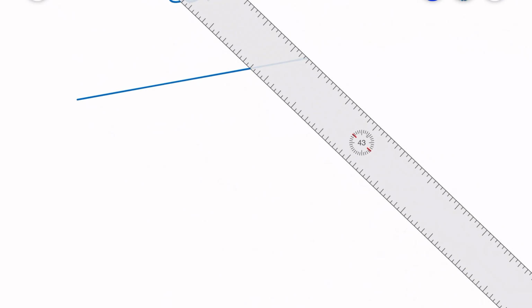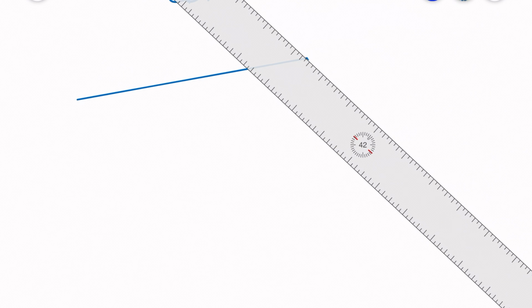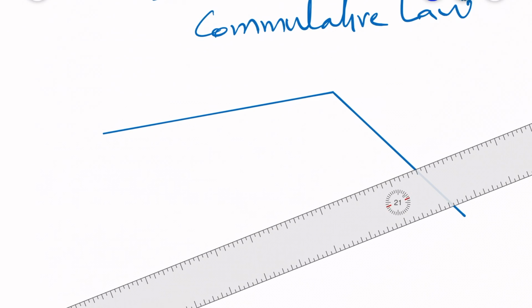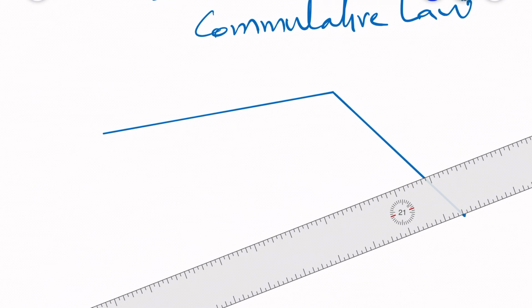Let's start with the first vector as this, then we take the second vector, let's say this, and let's take a third vector that looks like this. So we have 3 vectors now.